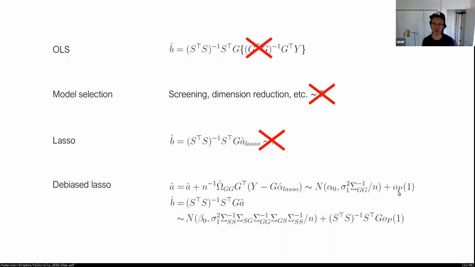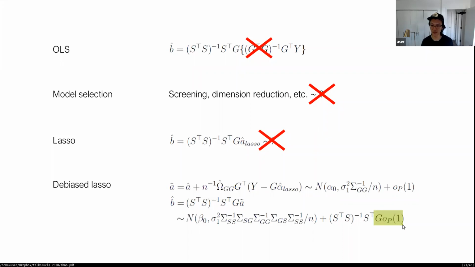That actually turns out to be the problem with even the debiased lasso approach. The total effect we're interested in is the regression of G times my debiased lasso estimator on S. If I write this out, I get a normal term, which is what I want, but then I have this other term.